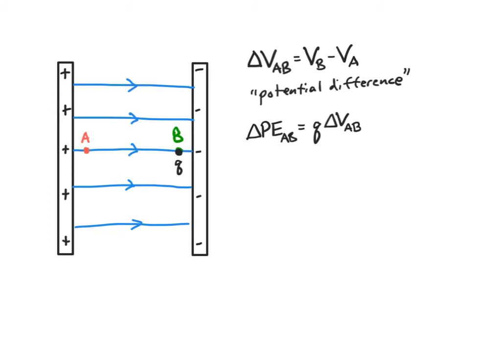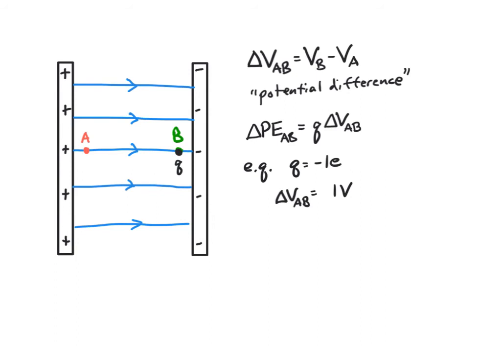For example, if the charge we're talking about is an electron, and the potential difference across points A and B is 1 volt, I actually have to be quite careful, because if you think about it, A has to be at a higher value of potential than B, right? Because A is near the positive charges and B is near the negative charges. And I'm going from A to B. So my potential is going from a high value to a low value.